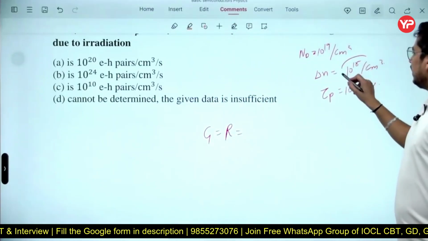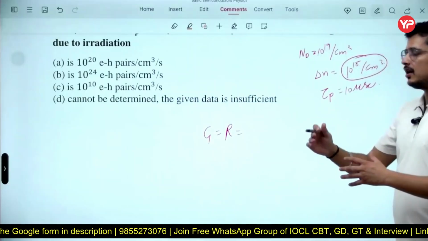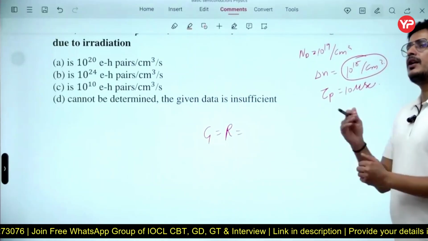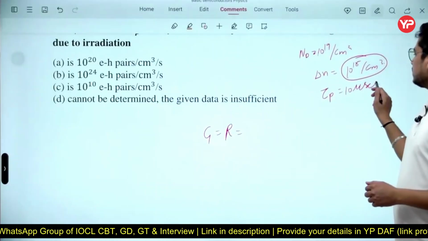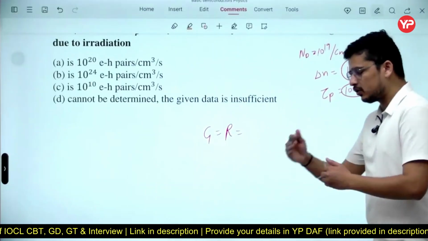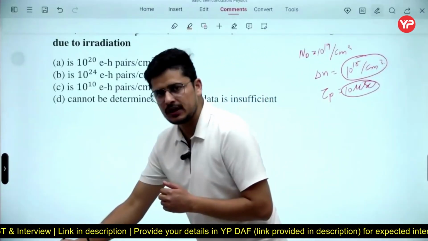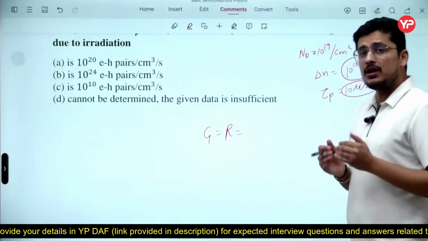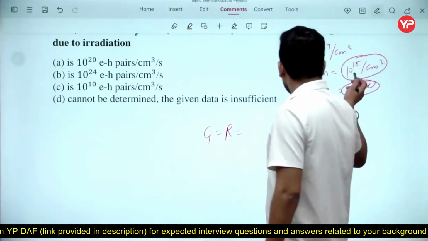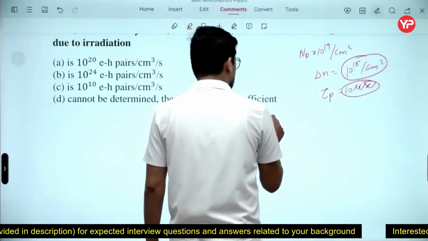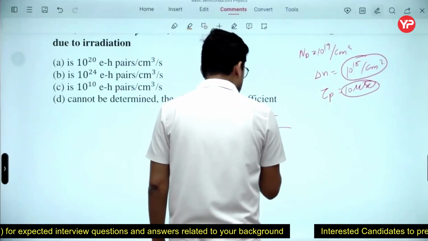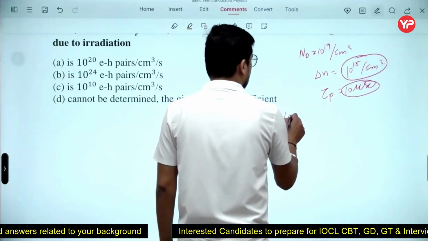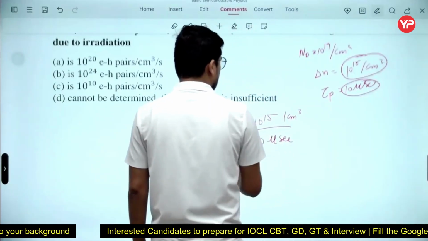See here, we have excess, meaning extra. We have 10 raised to 15 electrons extra, and one electron takes how much time? 10 microseconds to recombine with a hole. So how many electrons are generated per second? Currently we have 10 raised to power 15 electrons, and one electron has a time of 10 microseconds.